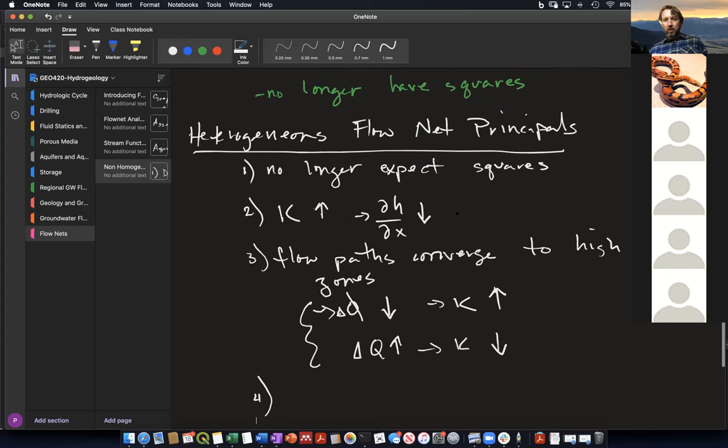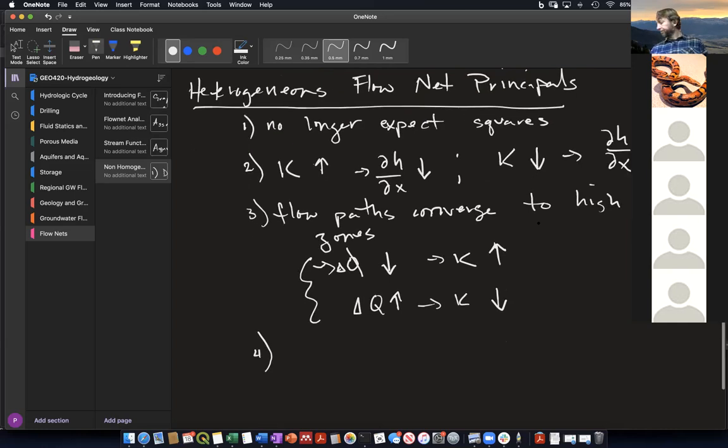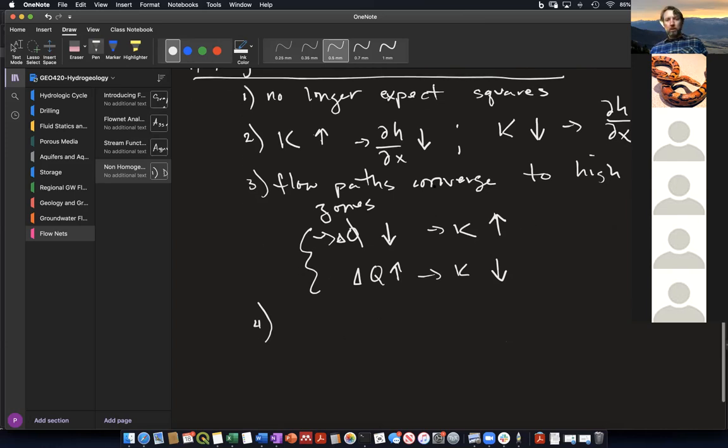And the opposite of this is that if my hydraulic conductivity decreases, then my head gradient has to increase. So flow paths converge to high K zones.